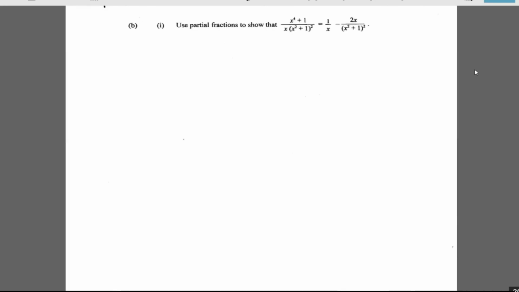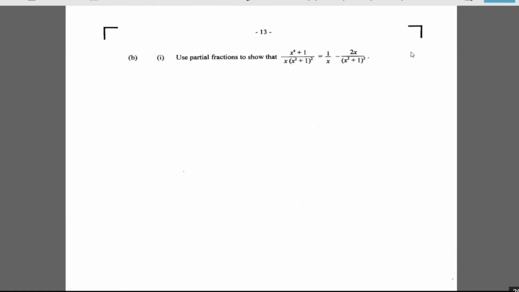All right, so let's do this part now. It says use partial fractions to show that x squared plus 1 over x times x plus 1 all squared is equal to this. So we need to use partial fractions to deduce this.